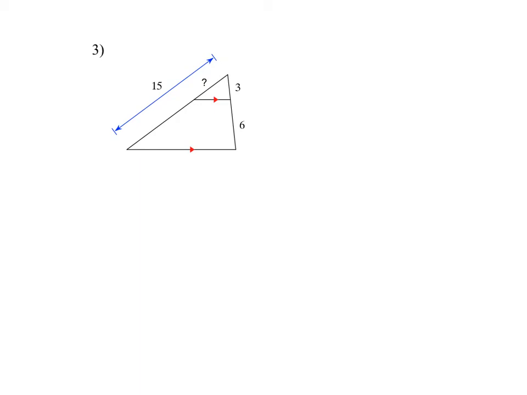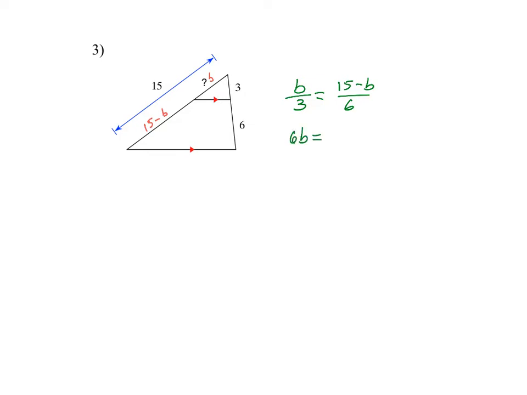The next one, again, this piece down here is 15 minus, let's name this B, minus B. So I have B is to 3 as 15 minus B is to 6. Now I'm just cross multiplying.